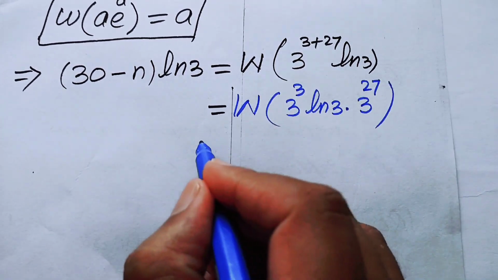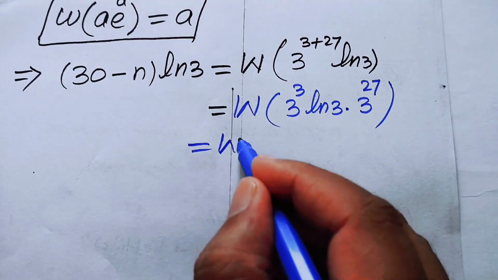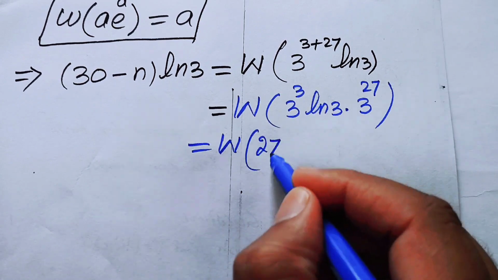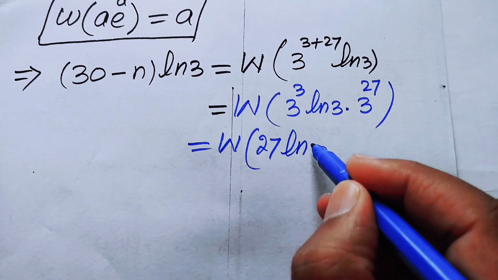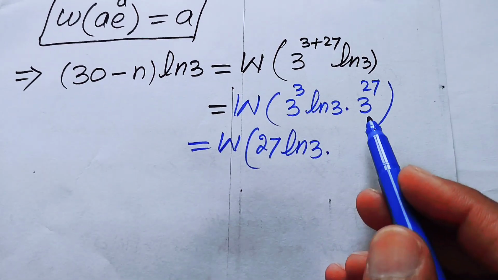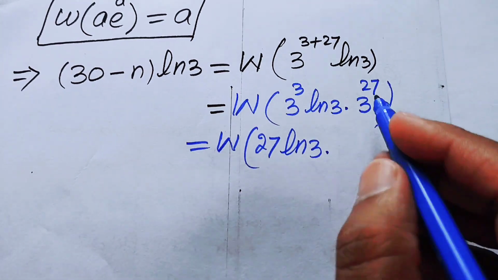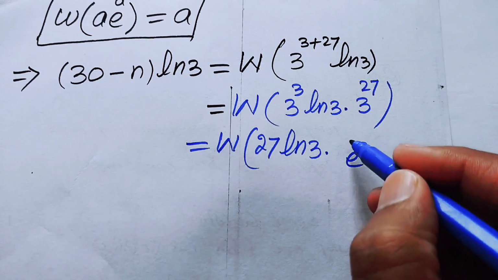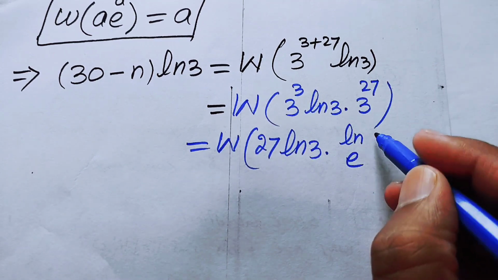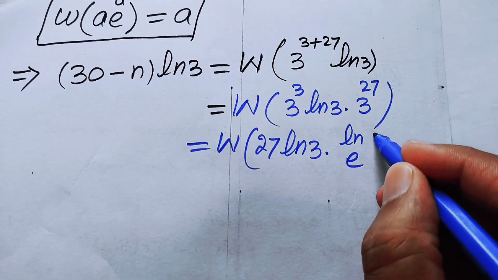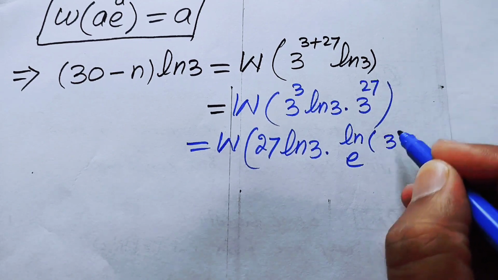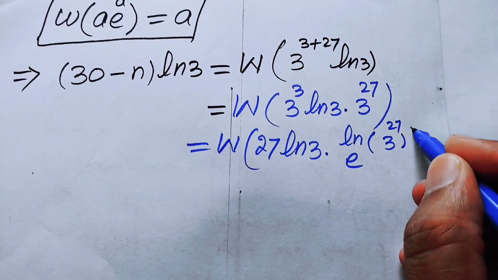Now you know that 3 to the power of 3 is equal to 27, times log 3, and here you have 3 to the power of 27. We can take the log and anti-log on this term, so you get e to the power of log 3 to the power of 27.